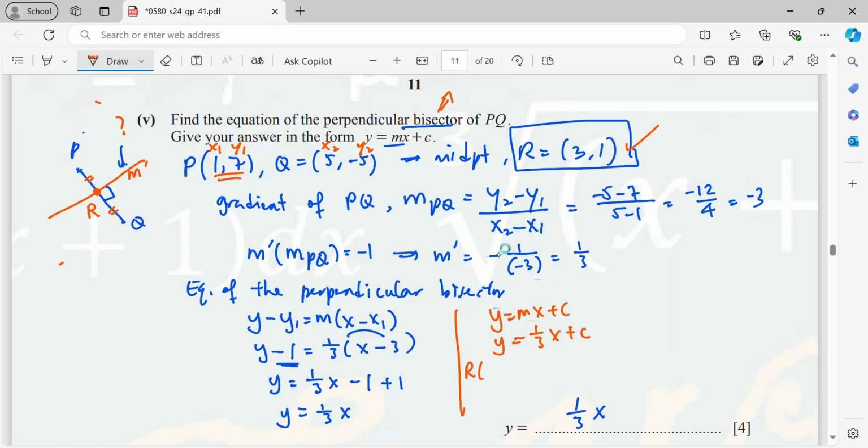So R is (3, 1). That means now your y is 1, then your x is 3. So 1 equals 1 plus c, therefore your c equals 0. So at last, your y is 1 over 3x. So this is the alternative method to get the straight line equation.